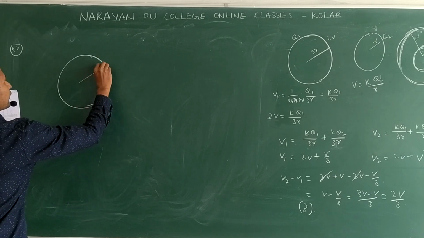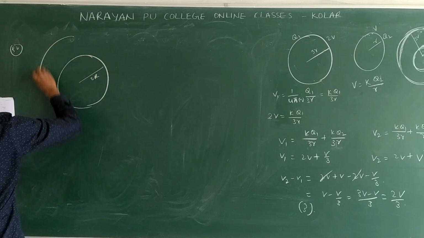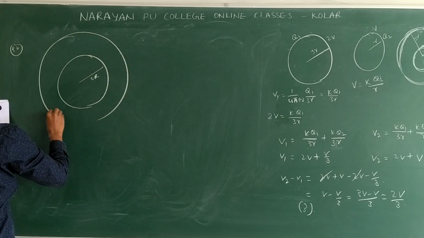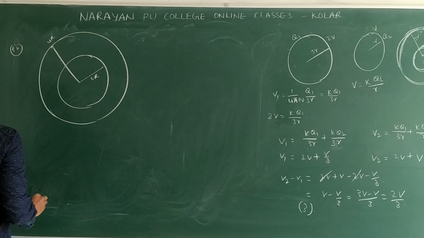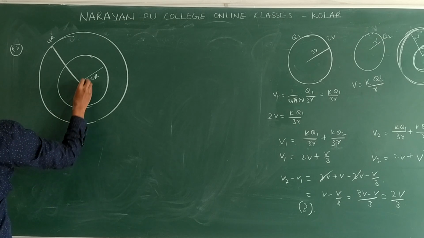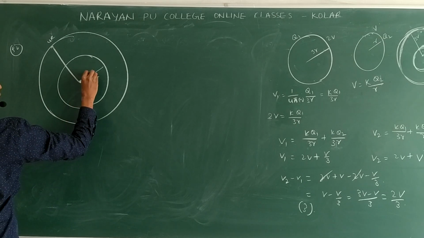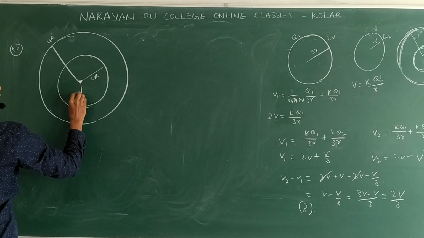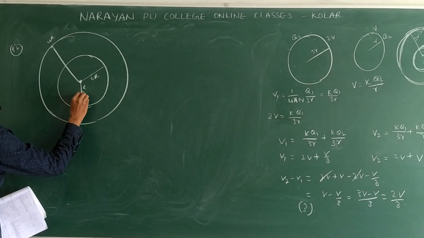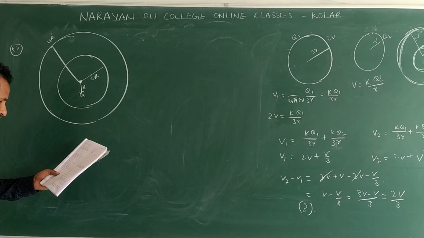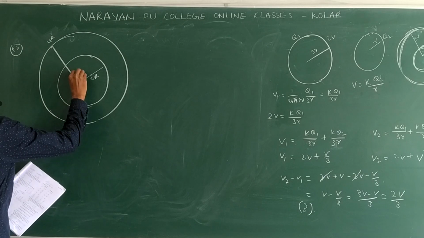Inner radius they have given 2r, and outer radius they mentioned 4r. Then capital Q is placed at a distance, let us say here, at a distance r. They placed capital Q. Now what they are asking is the potential at the center.